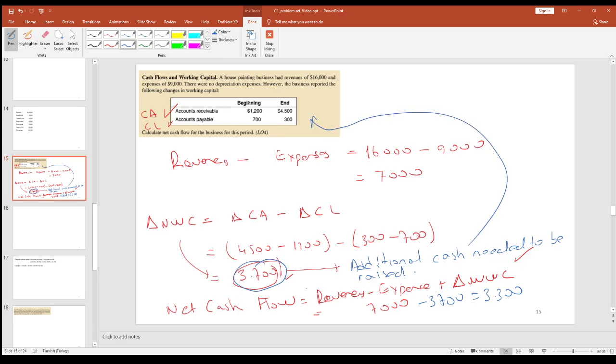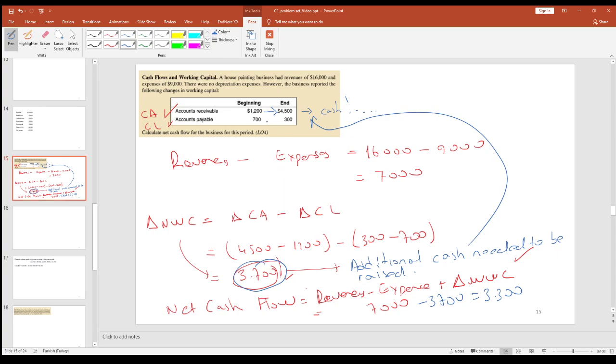What happens here? Your accounts receivable increased from 1,200 to 4,500, which means you made a sale but haven't received your cash.